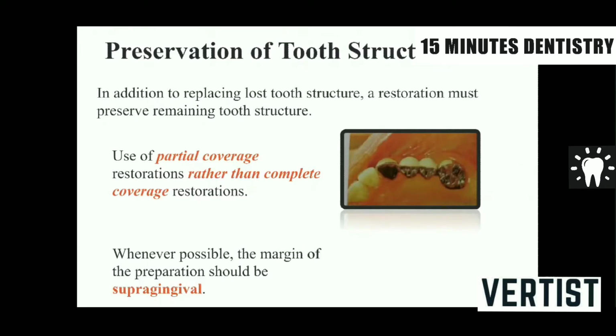This can be done by use of partial coverage restorations rather than complete coverage restorations wherever possible. Also, wherever possible, the margins of a preparation should be supragingival. Now, I agree, this cannot be the situation in all cases. Like in an aesthetic zone, we cannot afford to give a supragingival preparation.